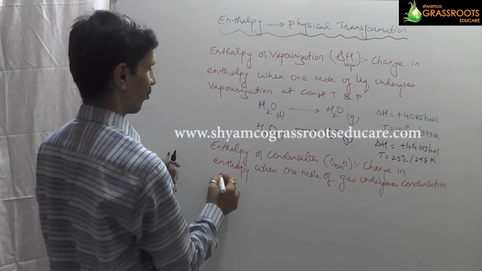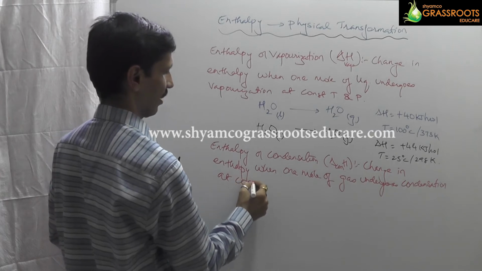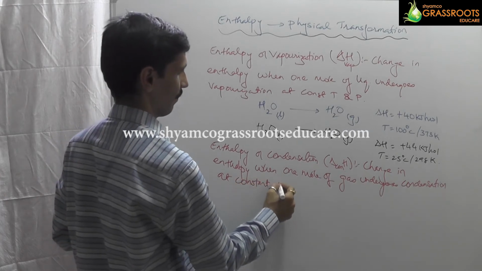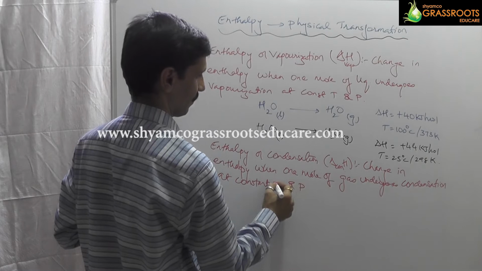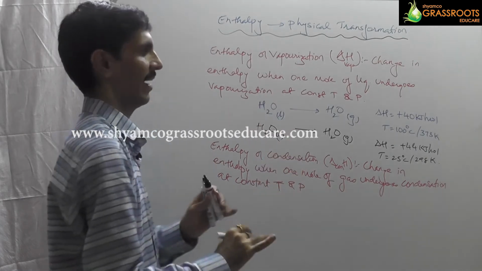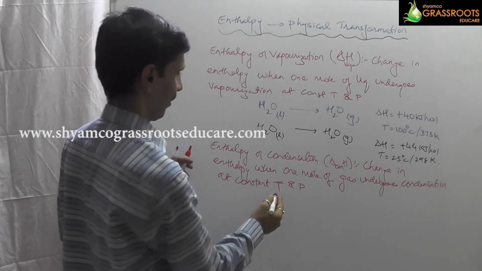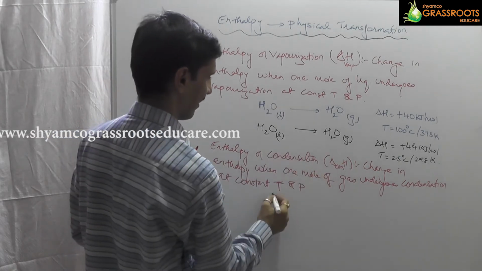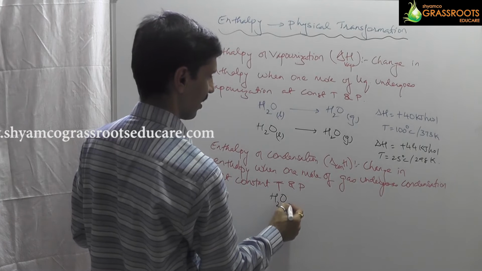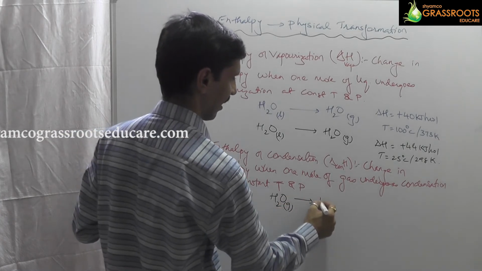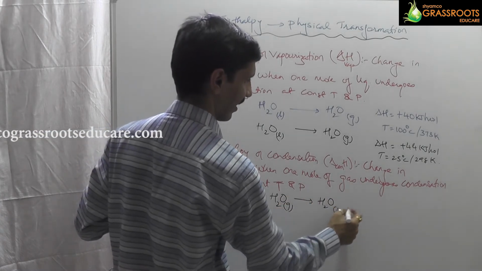and the condition is fixed at constant temperature and pressure. Okay, sorted out, fantastic. So what we have now is this reaction, reverse it. H2O gas gets converted into H2O liquid.